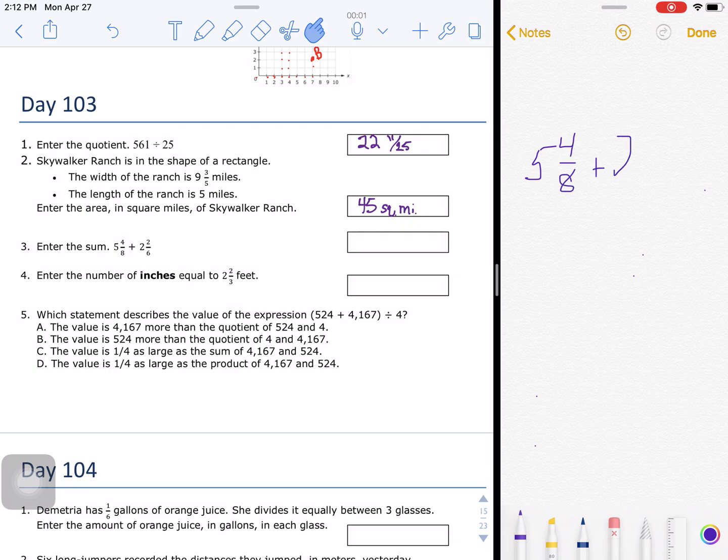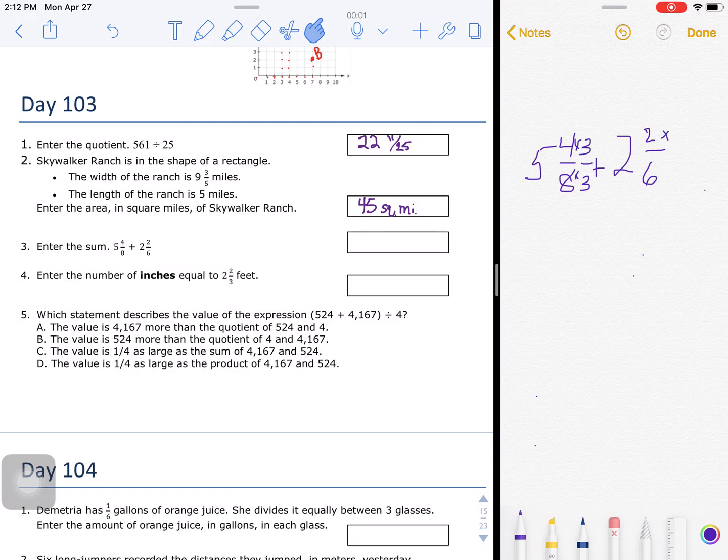plus 2 2/6. So what do I need when I add or subtract fractions or mixed numbers? I need a common denominator. So the least common denominator between 5 4/8 and 2 2/6 is 24ths. So in order to get 24ths out of 8, I'm going to multiply by 3/3.